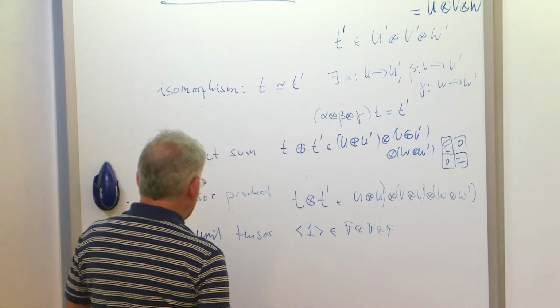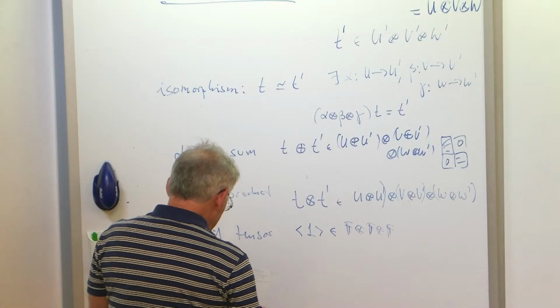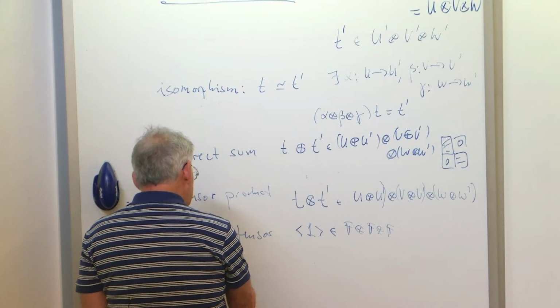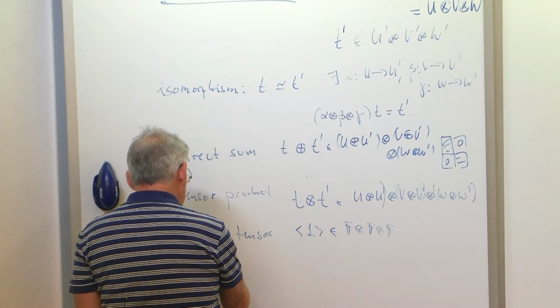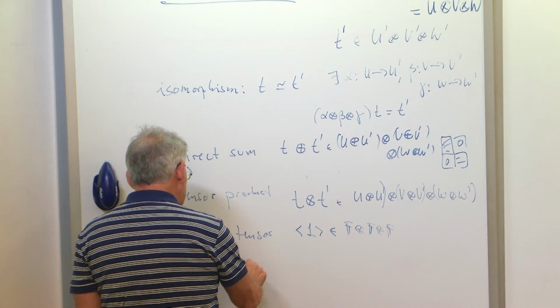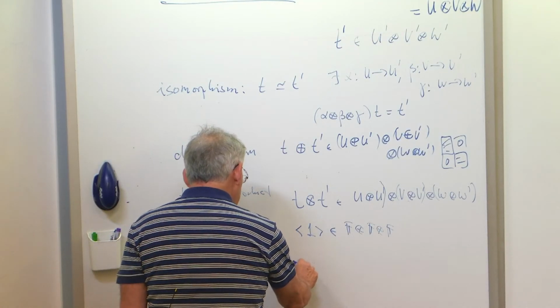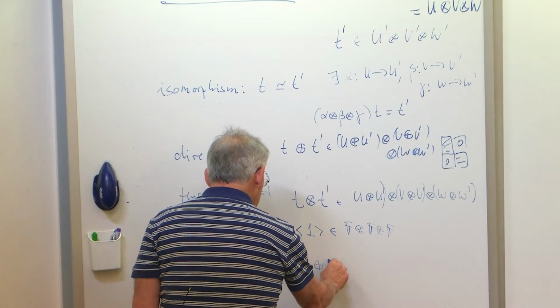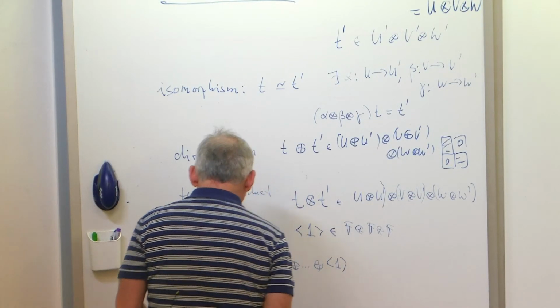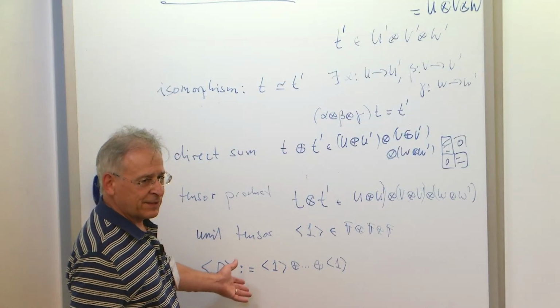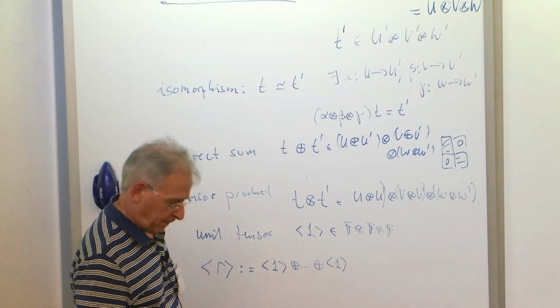And it really has the function of a 1. For instance, if R is a natural number, I define R in these brackets as just a direct sum of R copies of the unit tensor. These are also called unit tensors. It generalizes the notion of unit matrix.